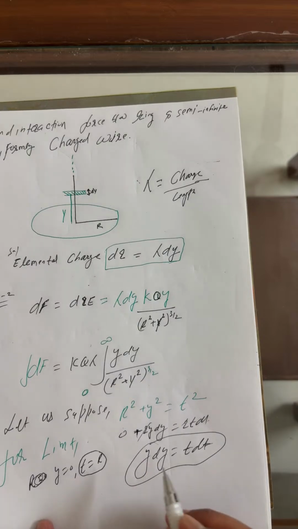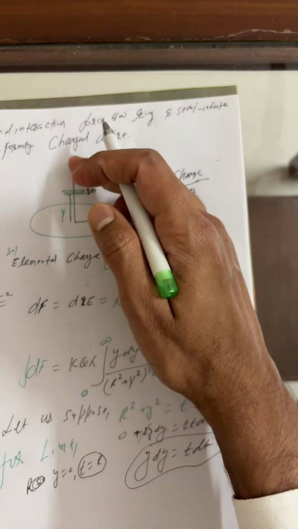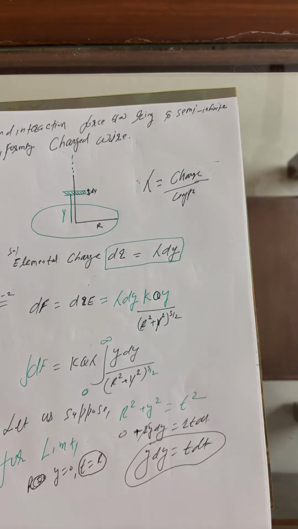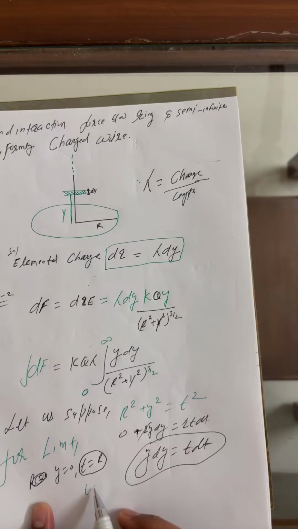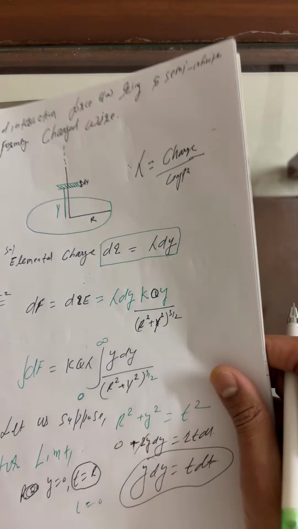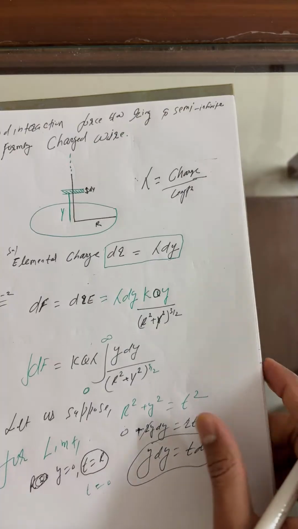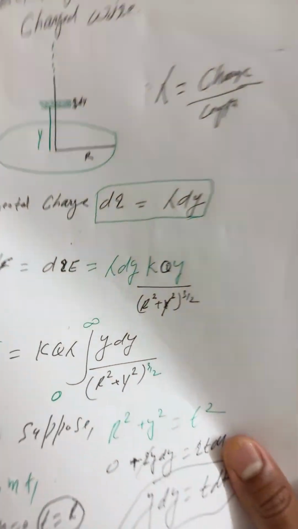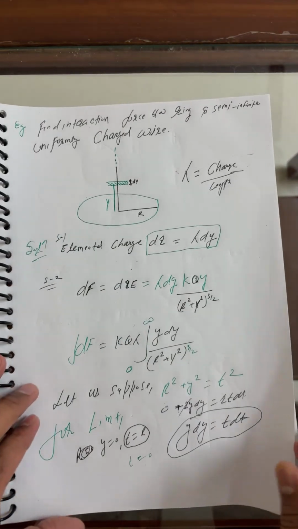Now take care of the next condition: what is the maximum value of y? Infinity only. For that condition, t will be 0. So the limit of t is from r to 0. Take a snapshot, my dear, I want to turn the page.